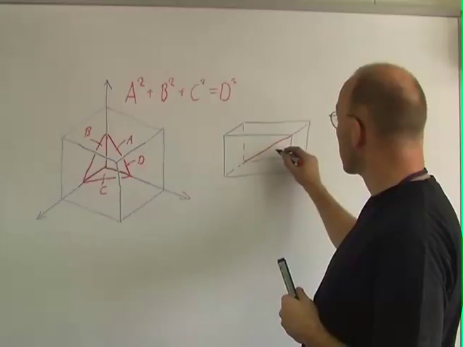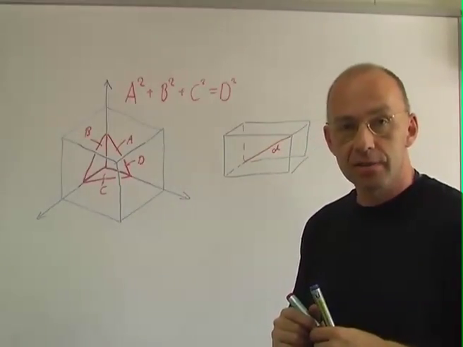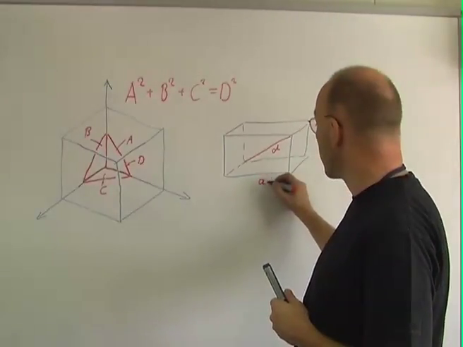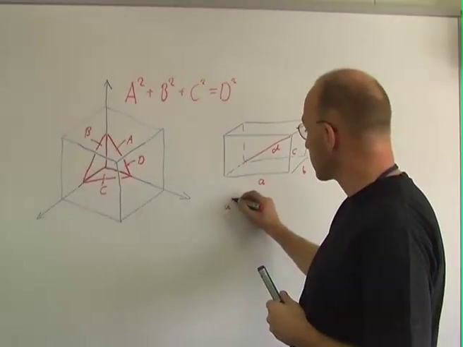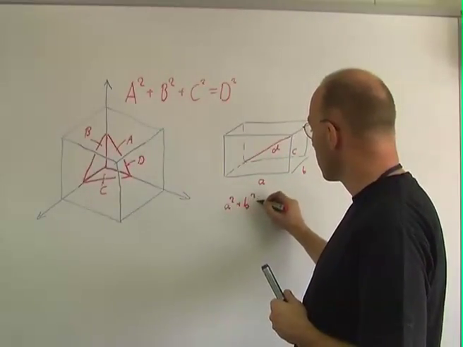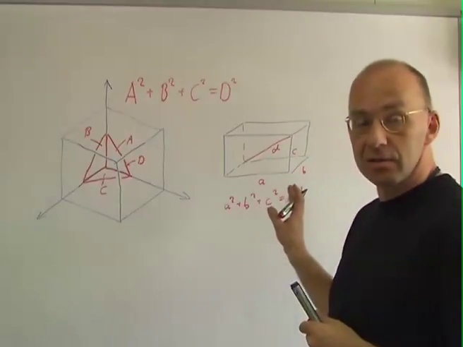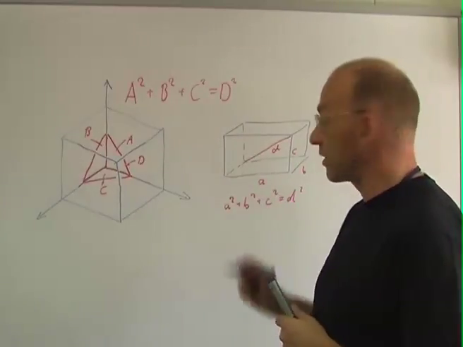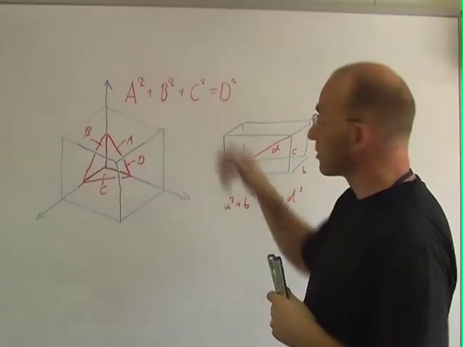There's the diagonal, we call it D. Now, to figure out the length of the diagonal, you only need the sides of the brick, which are A, B, and C, and then it fits together just like that one here. So A squared plus B squared plus C squared equals D squared. But here, it's all about lengths. There it's about areas, right? So there's lengths, there's areas. It's a different thing, but that's true and that's true too.